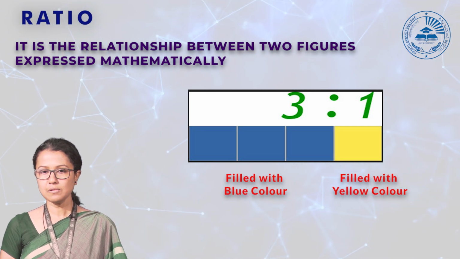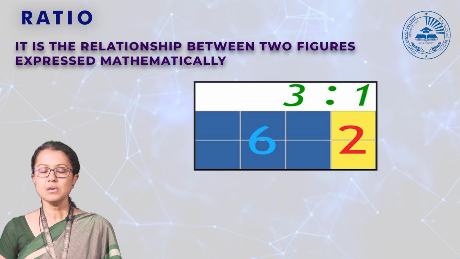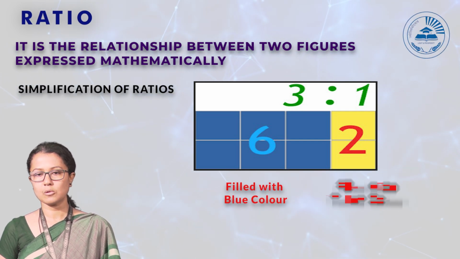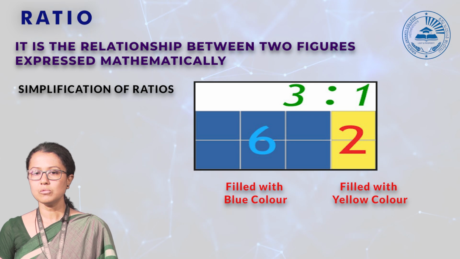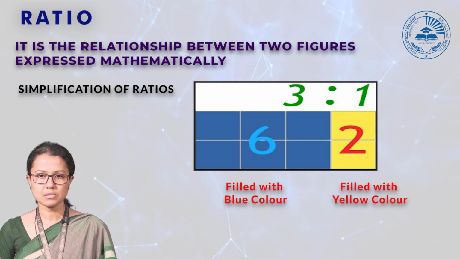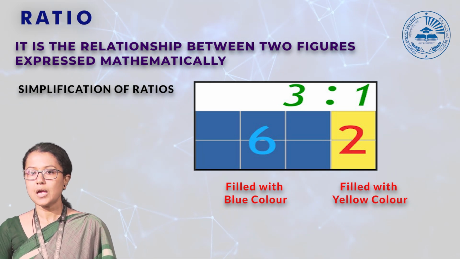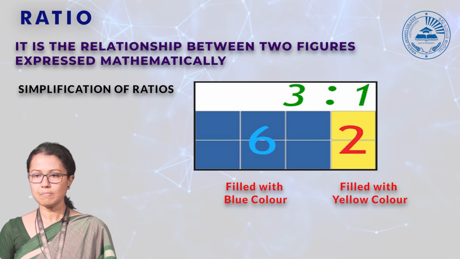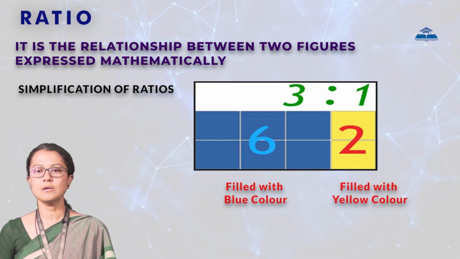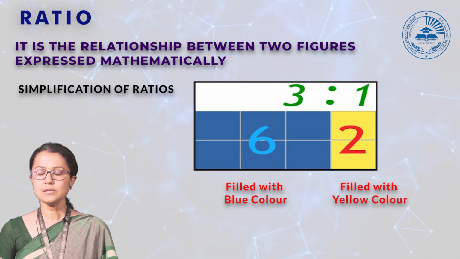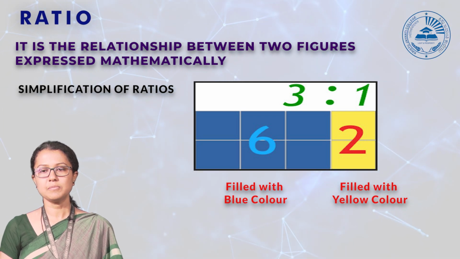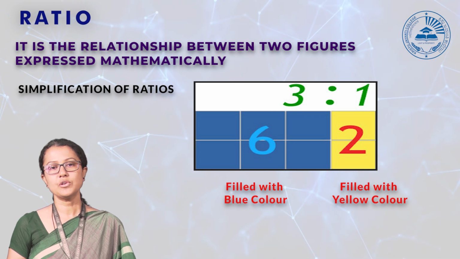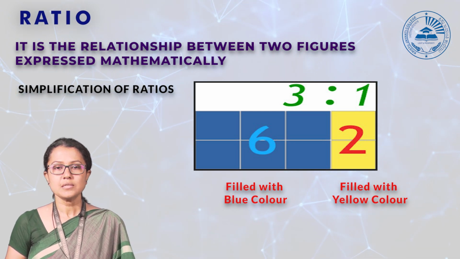In the second figure, which is highlighted here, the box is filled with blue and yellow. When I count, 6 boxes are blue and 2 boxes are yellow. So my ratio is 6:2, and when simplified, it becomes 3:1.